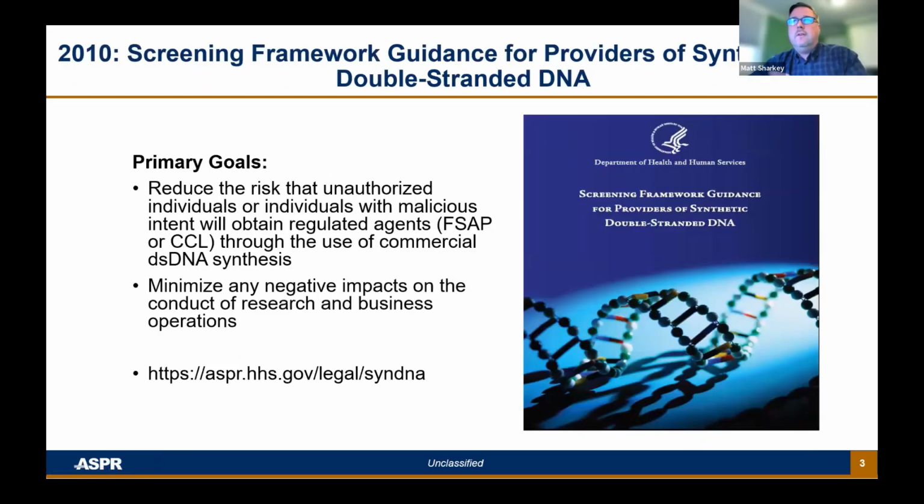Okay, so in 2010, in order to reduce the risk that unauthorized individuals or individuals with malicious intent could obtain regulated agents, those regulated agents being listed by the Federal Select Agent Program or Department of Commerce through the Commerce Control List, through the use of commercial DNA synthesis, the Department of Health and Human Services issued the screening framework guidance for providers of synthetic double-stranded DNA.